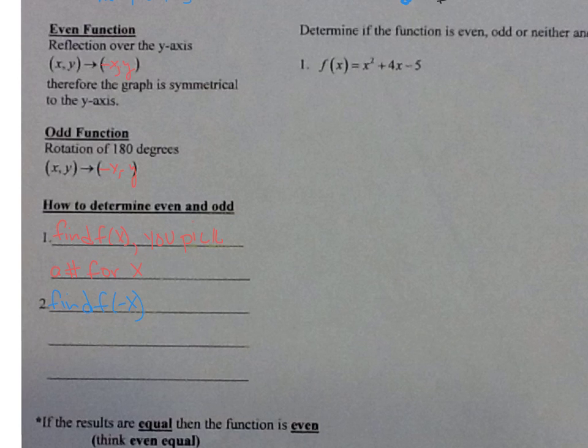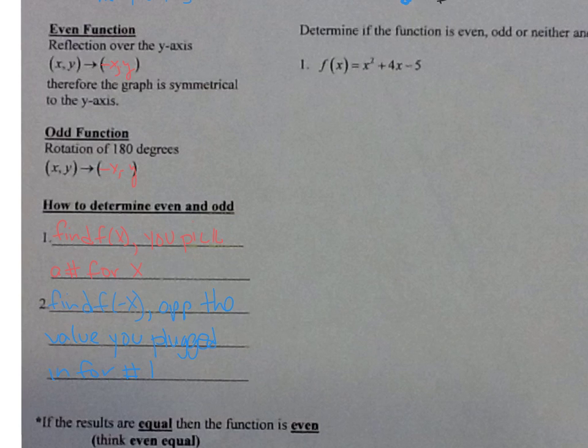So notice that what I have up here is x and this is negative x. So they have to be opposites. So whatever you plugged in for x over here, you have to do the opposite of that. You have to plug in the opposite of the x value you plugged in for number 1.